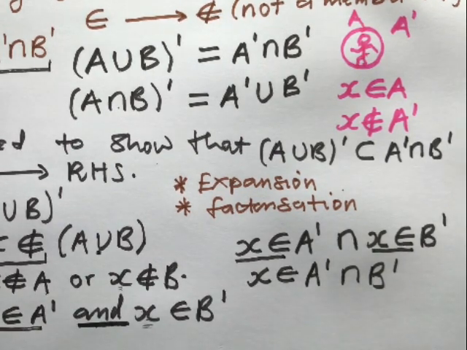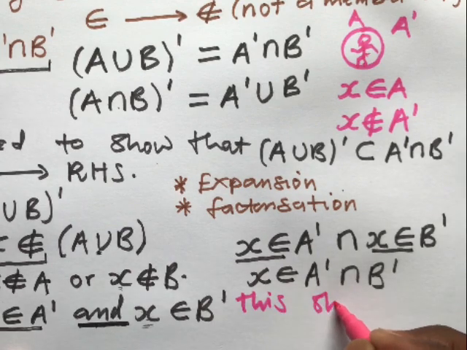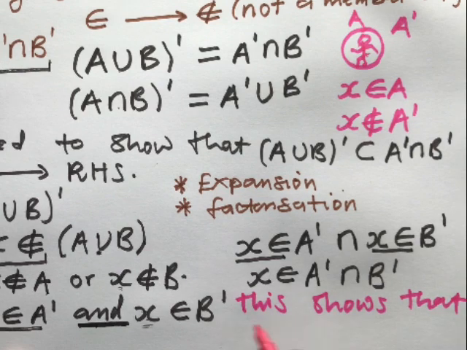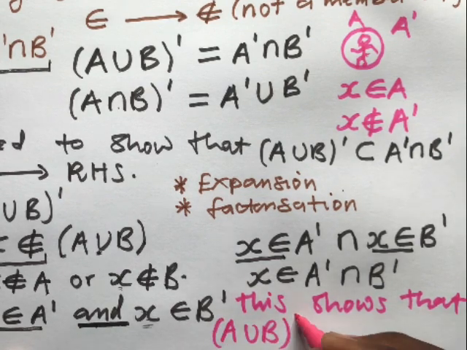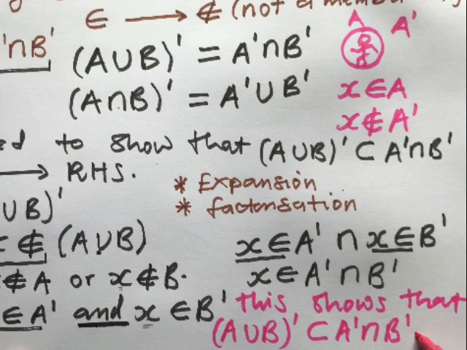The moment you reach this point, you are going to say this shows that (A union B) complement is a subset of A complement intersection B complement. And this has to be your first expression.